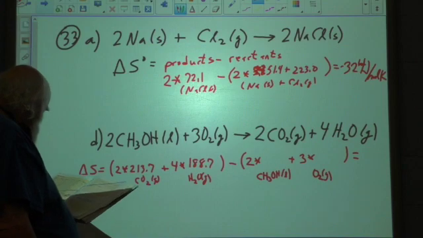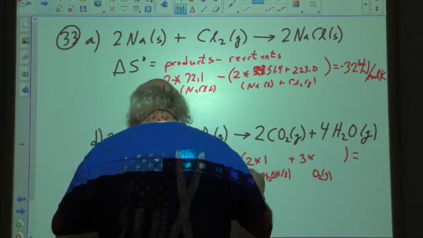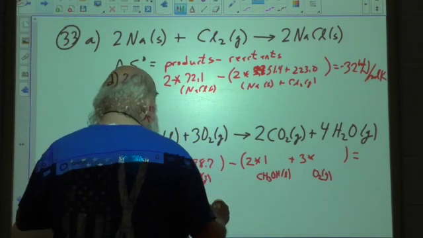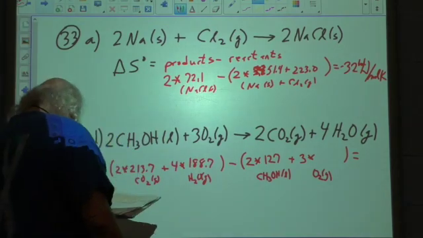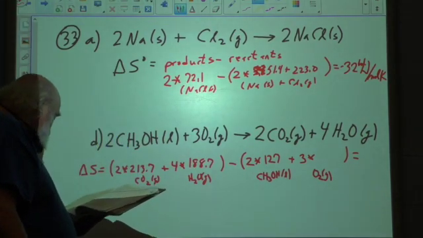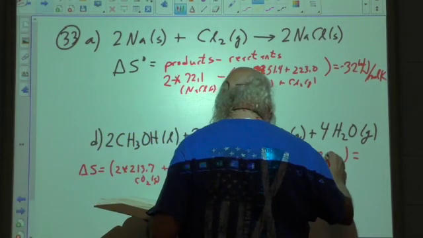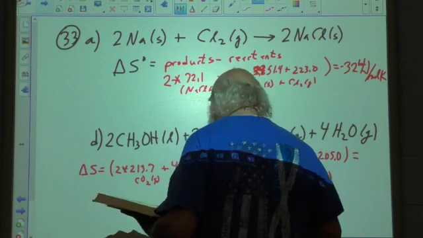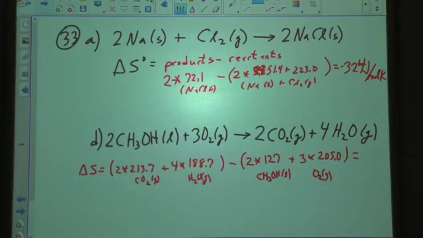It's over there on the left-hand side, 127. Wait, this is, yeah, that's the liquid, 127. And 3 times oxygen, pure oxygen here, oxygen is a gas, so it should be fairly high, yep, 205.0. Remember, the more it is towards the disordered, the higher the value is going to be, so it makes sense that oxygen would be pretty high.